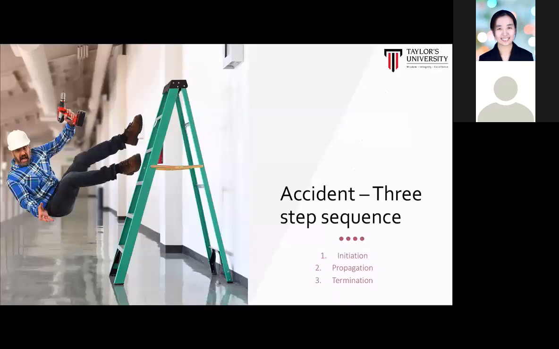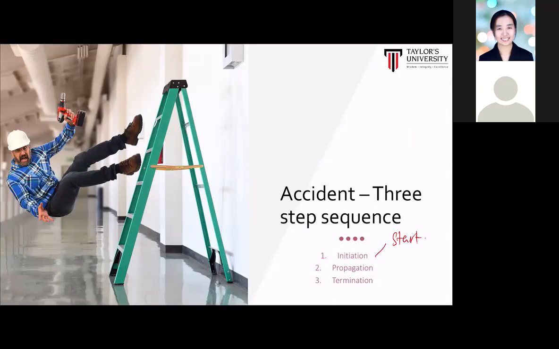Okay, and all accidents happen with a 3-step sequence. The first is initiation, where it starts. And then the accident sometimes propagates. It will not just end like that. It takes days to end, or maybe just seconds, but it gets prolonged.